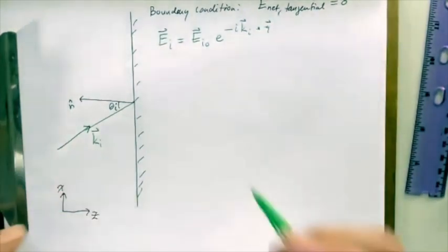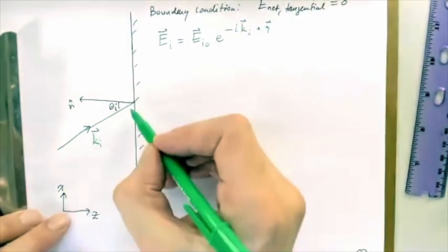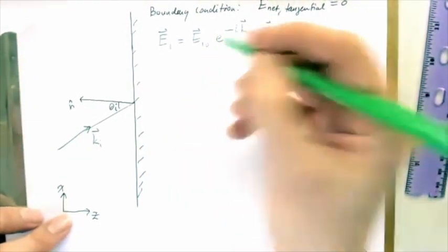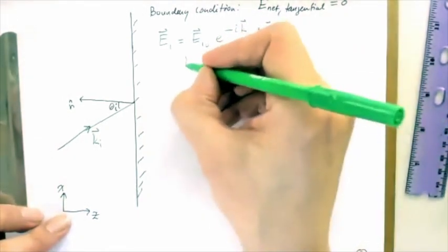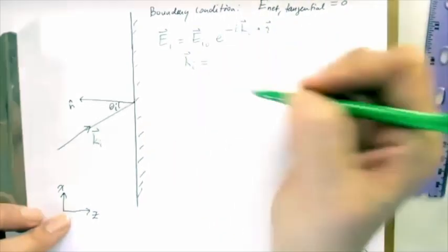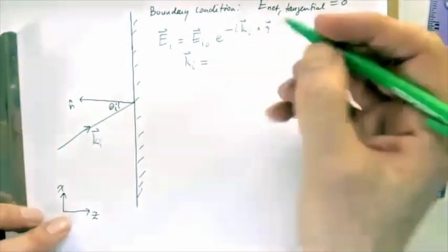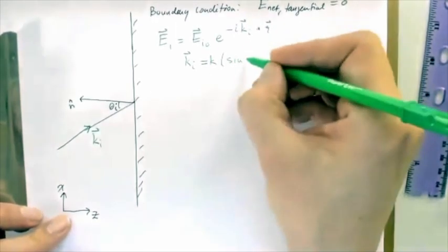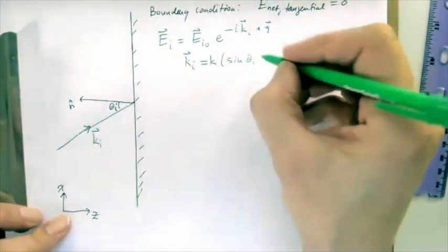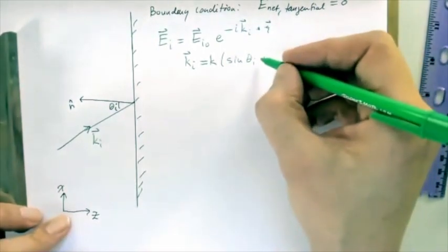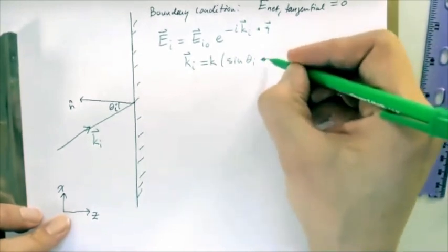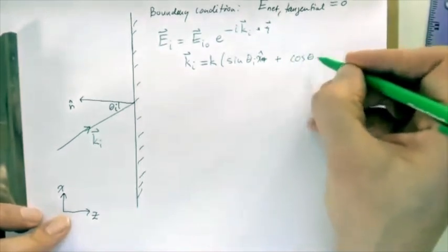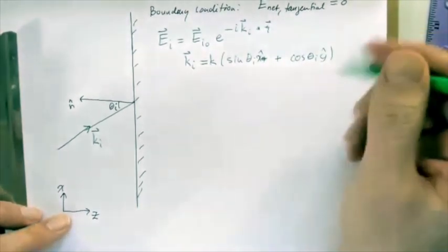Okay, now in this case, if this is k_I, and this is our coordinate system x and z, then for the k vector it's just a simple straight trig problem. It's k times the sine of the incident angle times the x hat plus the cosine theta_I times the z hat.